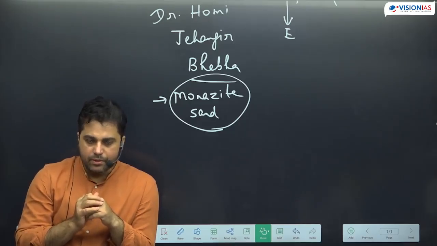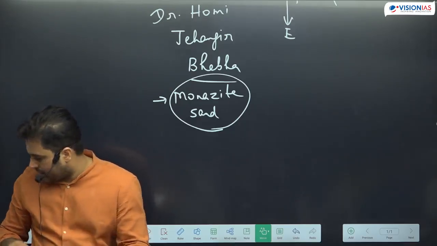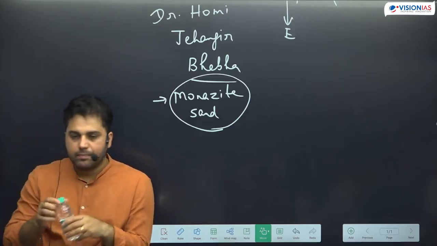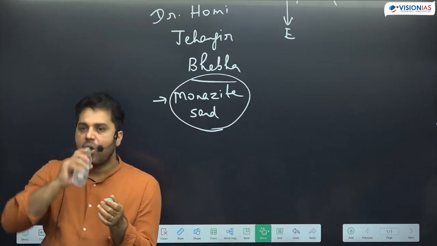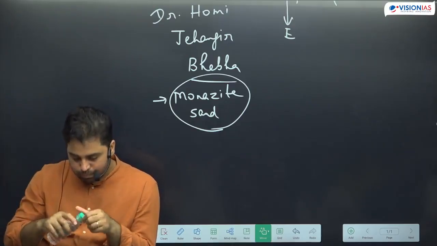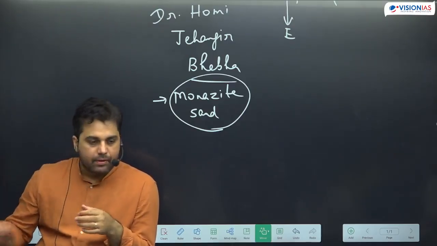The three stages include, write down in bullet points.